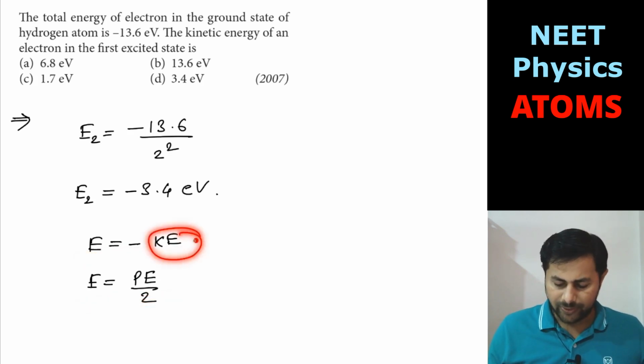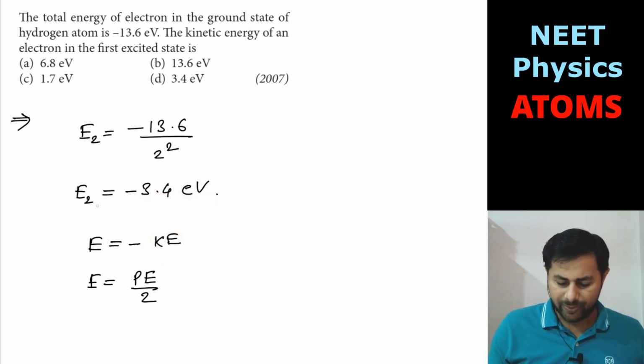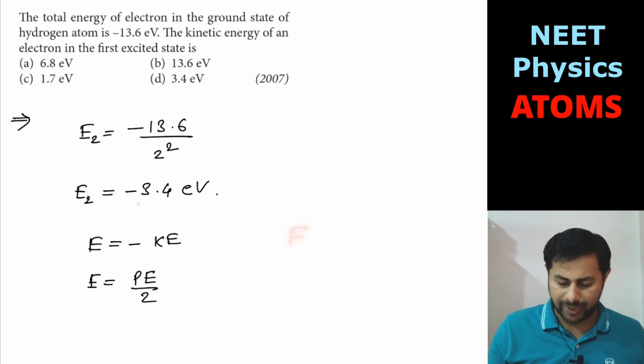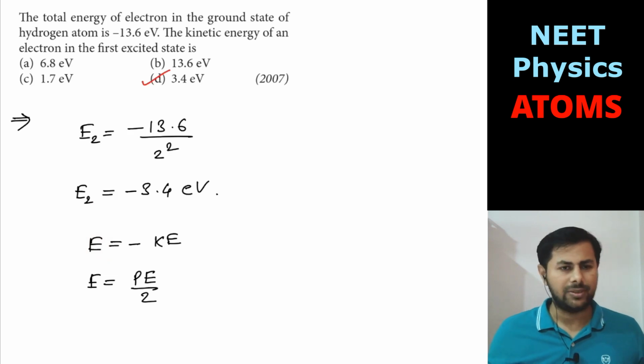What is the kinetic energy? It would be equal to the negative of the total energy in that orbit, in that state. So that is minus of E2, so plus 3.4. This is a very simple question.